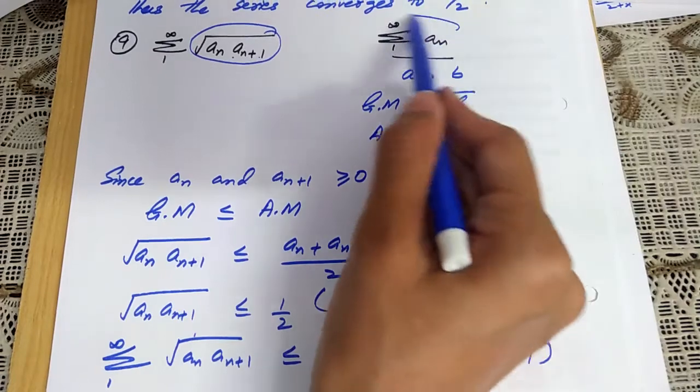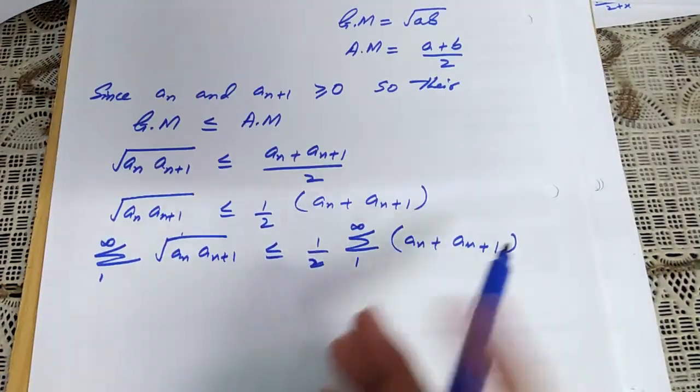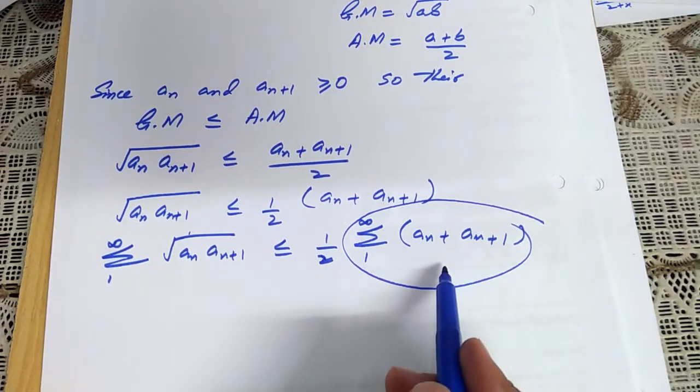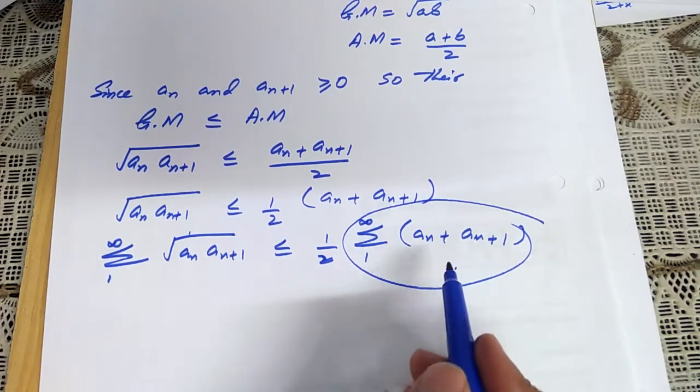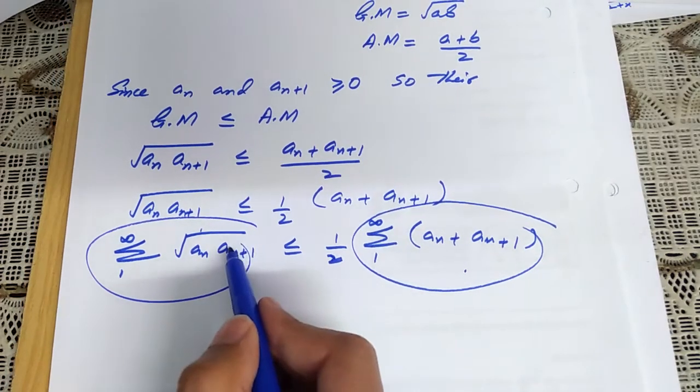Now we can use this. Since this one is convergent, it means this term is convergent. If it is convergent, then by using the basic comparison test, this one is also convergent.